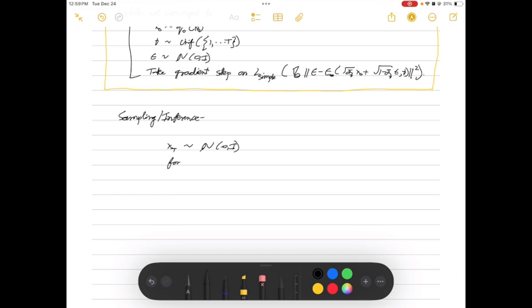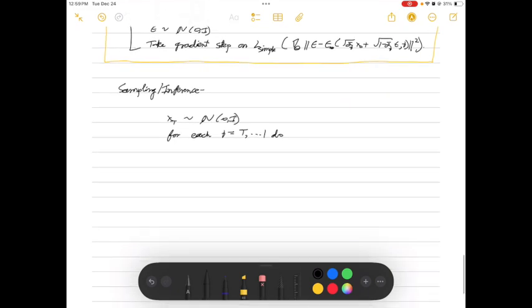So for each step, we will move backward from capital T to 1, and we will do two things.